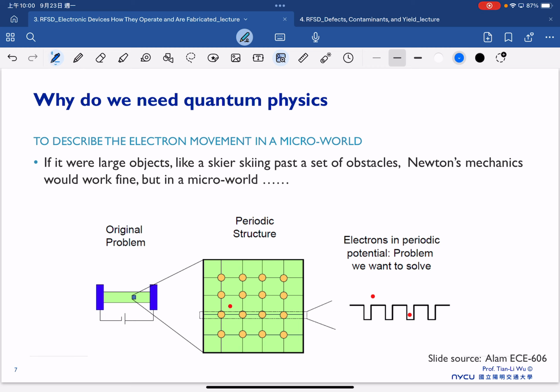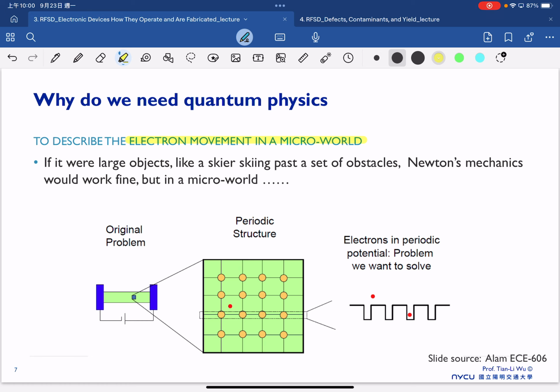The basic idea is that we need to describe electron movement in the micro world. The electron is such a small carrier, moving in such a small-scale place, and we found there are differences compared to typical physics.